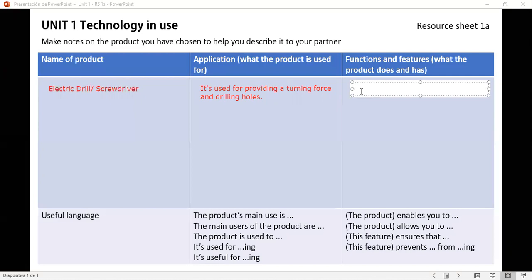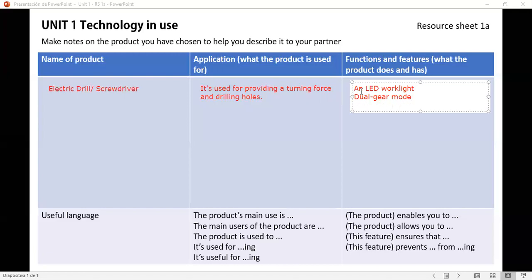I can choose, for example, my electric drill has an LED work light. It has a little light so that I can use it in the day or in the night. It also has a dual gear mode, so that I can change or move in one direction or another.